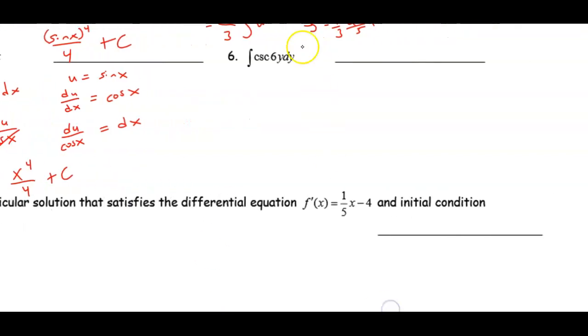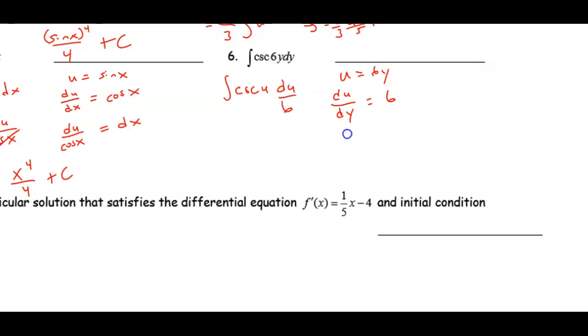Alrighty. This one here, cosecant of 6y dy. I'm probably going to let u equal 6y here. So du over dy equals 6. So I have cosecant of u du over 6.